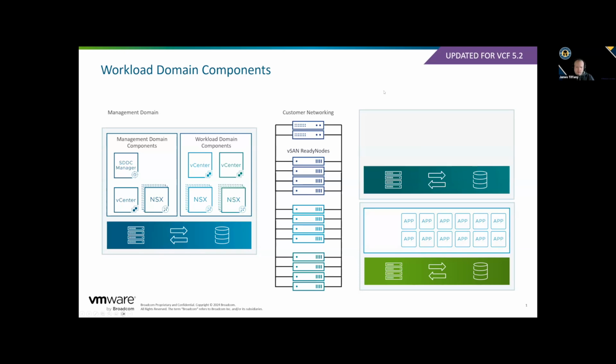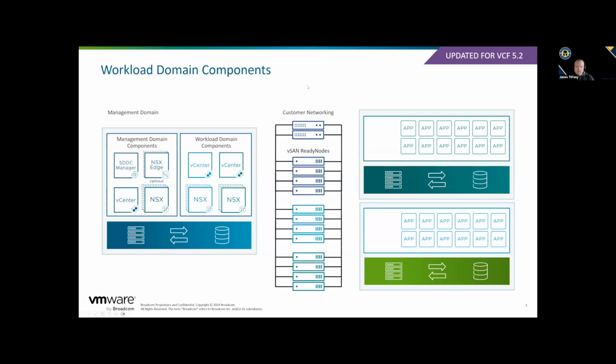You can see from the diagram that when you deploy it, all of the virtual centers, the NSX managers and everything like that goes into the management domain. So obviously you have to work around sizing to make sure that all of those components can be hosted inside there.